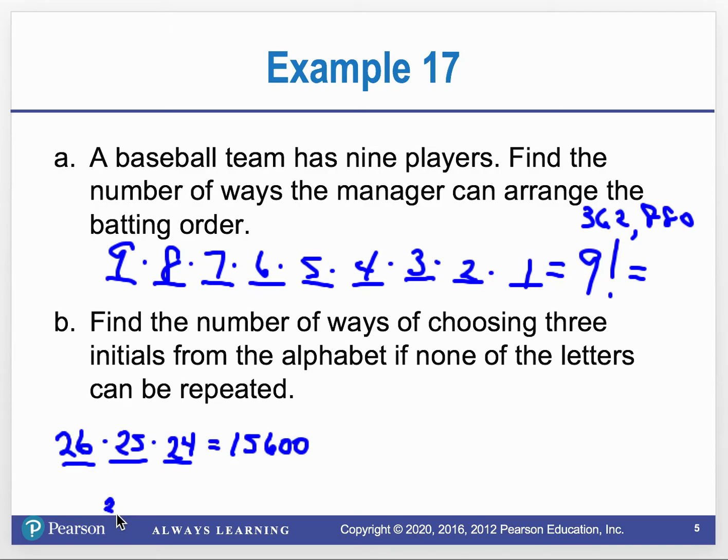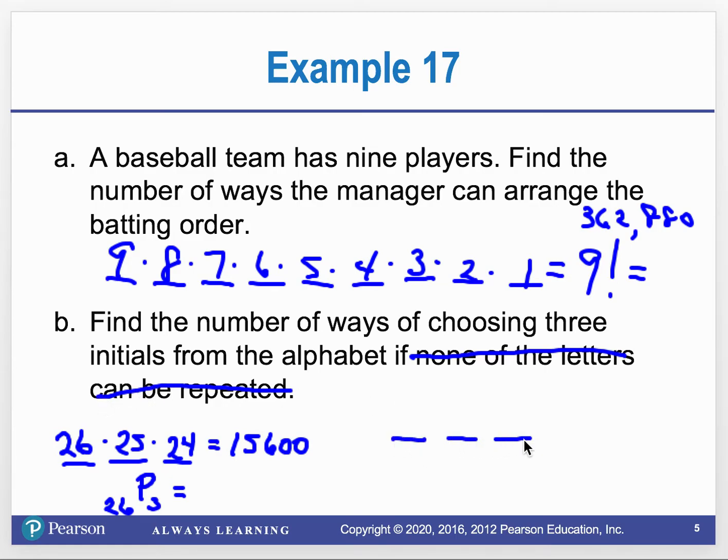Likewise, for those of you that want the formula, you could have plugged this in your calculator and gotten the same answer: 26 permutations taken 3 at a time. But what if this didn't say this last part? If the letters can be repeated, then it's still filling in the 3 blanks.